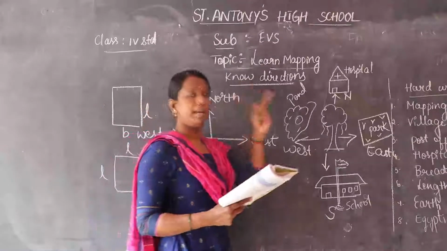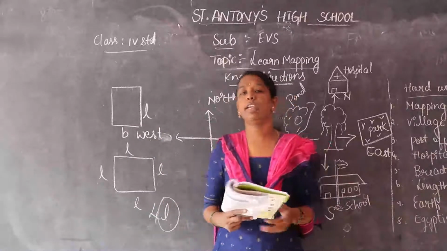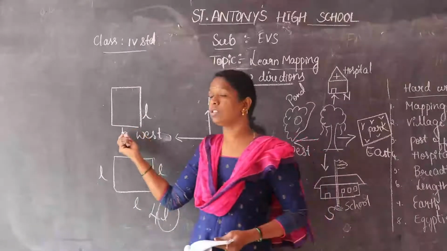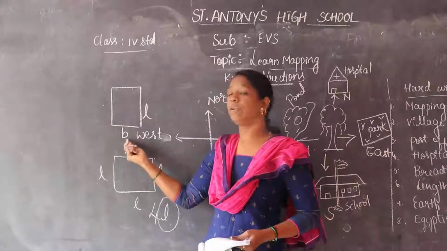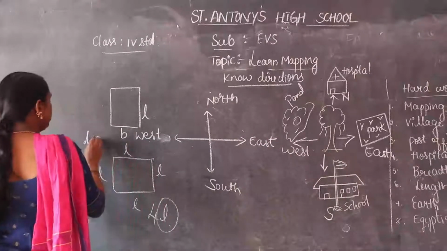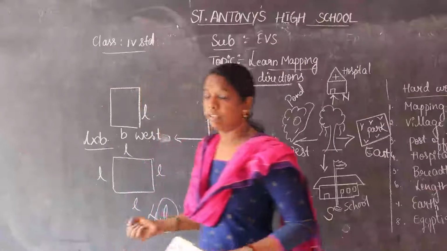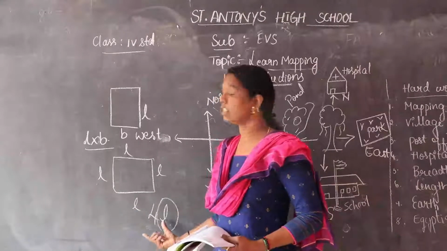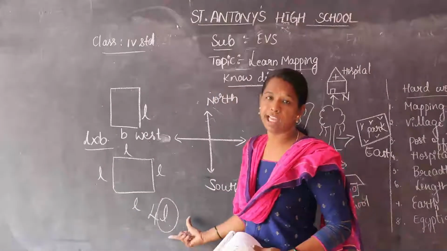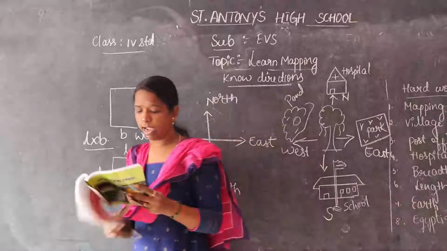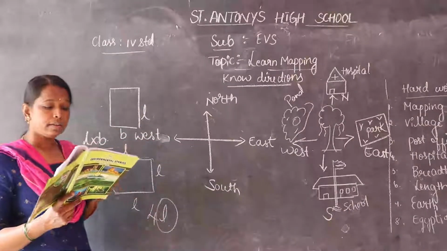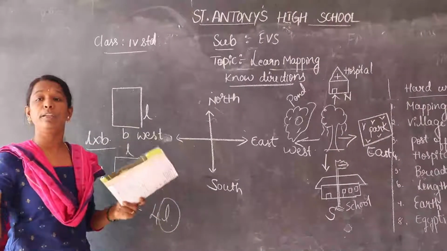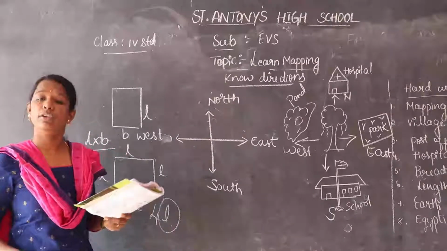Doors are usually rectangular, so we use the formula L into B, length into breadth. If the table is a square shape, we find it using 4 into L. L means length. Like that we calculate for the chair, pillow, window, whatever it may be.